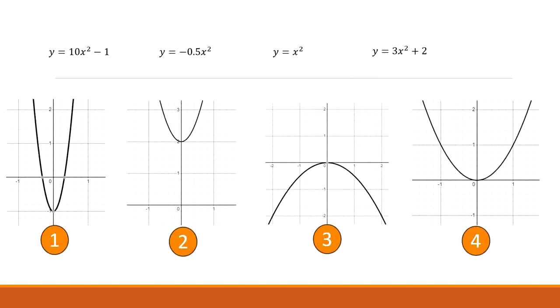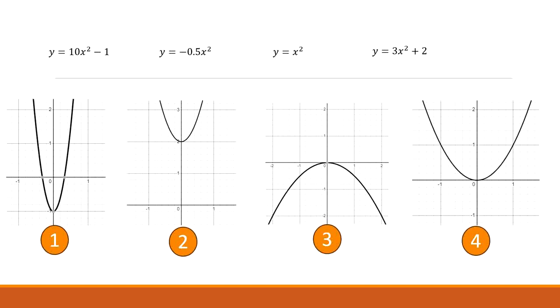Using all our knowledge, we have some examples on the screen here that I'm going to match up to where they belong. You can pause the video now if you want to and give this a go, and then I'm going to do it. The first equation we have is y equals 10x squared minus 1. The first thing I notice is that my x squared is positive, so I know I'm looking for a smiley face, so it's concave up.